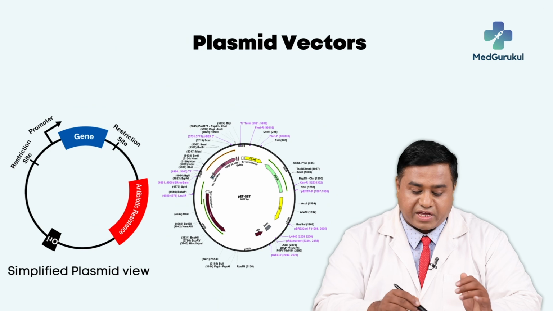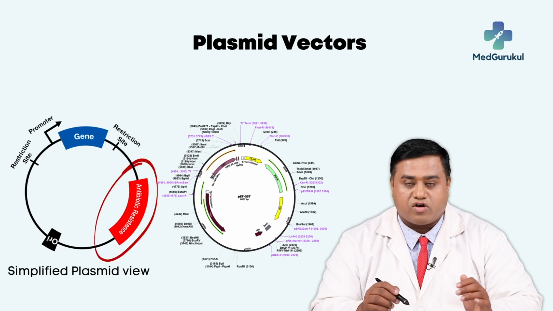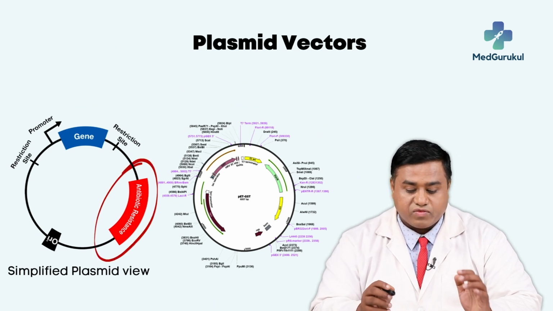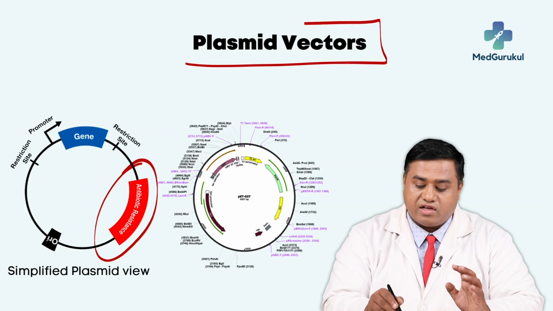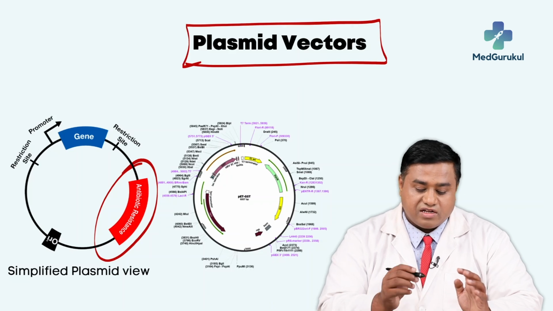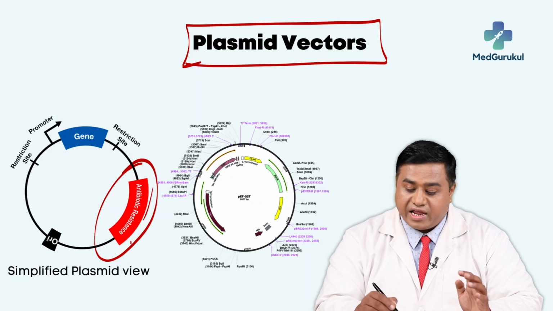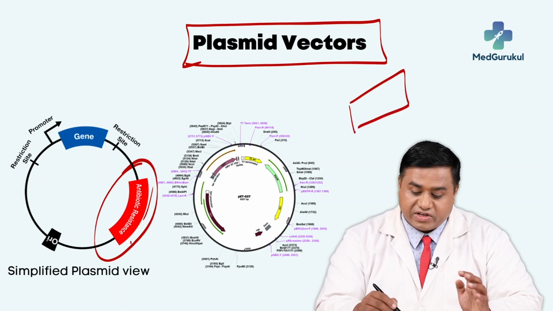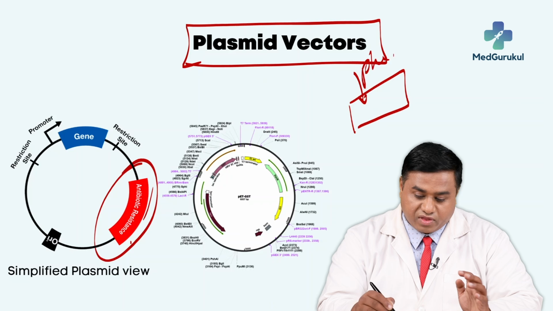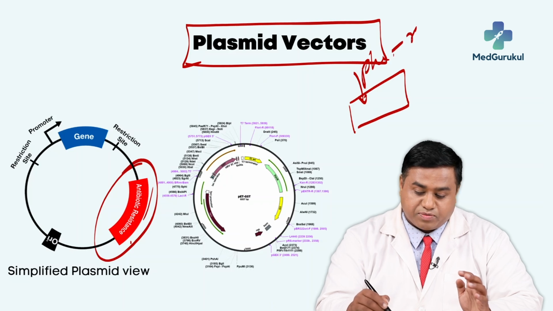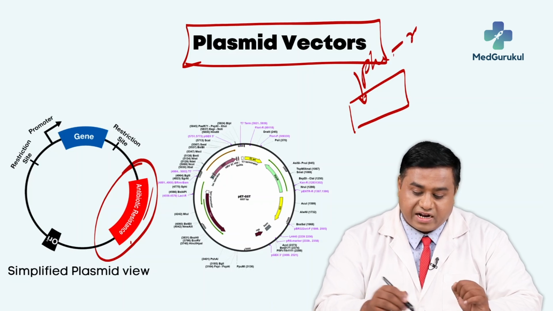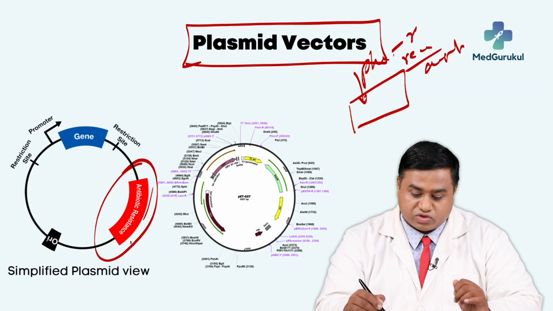It is done by using a marker called antibiotic resistance. So, these plasmid vectors will carry an antibiotic resistance region. So, any bacteria which take up the recombinant plasmid will also acquire a resistance for the antibiotics used.